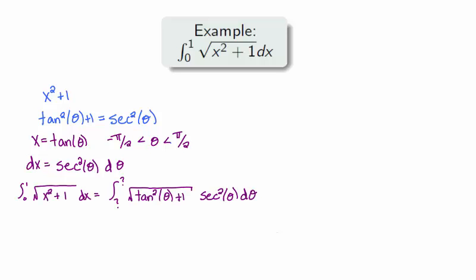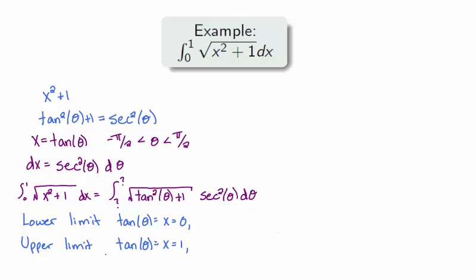We input this into our original integral, but notice that we have to convert the limits. The integral from 0 to 1 of the square root of x squared plus 1 dx equals the integral of the square root of tan squared of theta plus 1 times secant squared of theta d theta. For the lower limit, we must solve tan of theta equals x equals 0, and for the upper limit, we must solve tan of theta equals x equals 1.